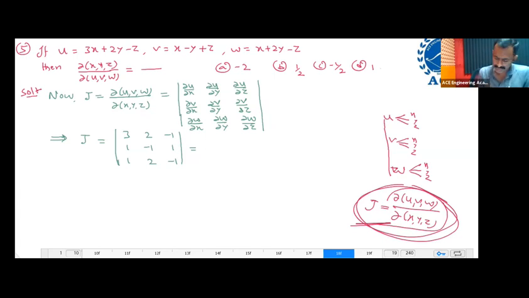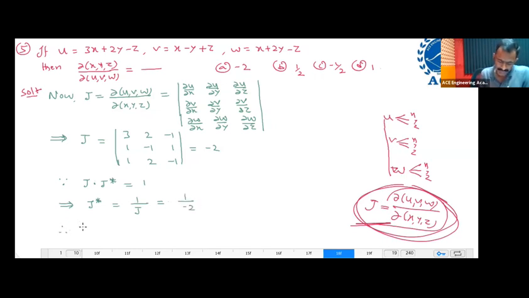Now, some are saying -2. Okay, I'm writing -2 without calculating because one of you got -2. Since j into j star equal to 1, which implies j star equal to 1 by j. Here j is -2 only.